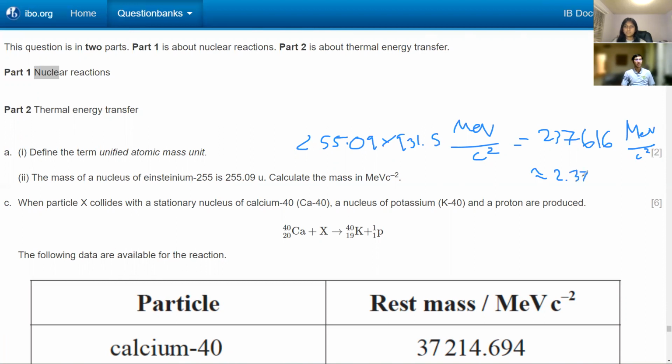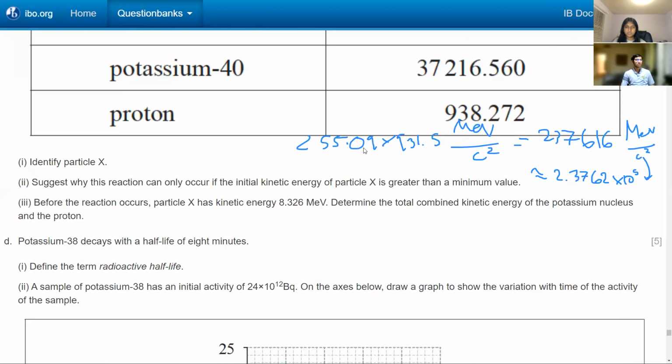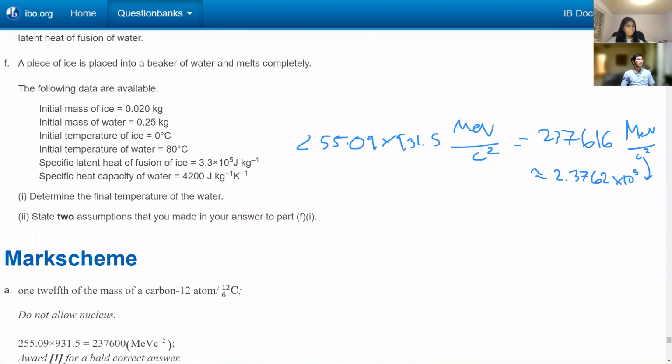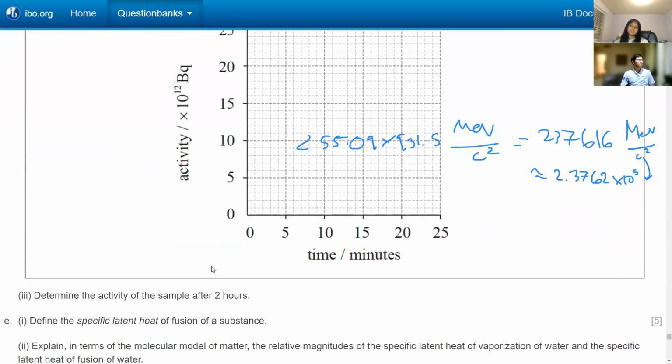I would probably write that as 2.3762 times 10 to the 1, 2, 3, 4, 5. Mega, yeah. See what they did. No, they did 4. You're right. So I guess you should take the sig figs of your constants into account. Okay.